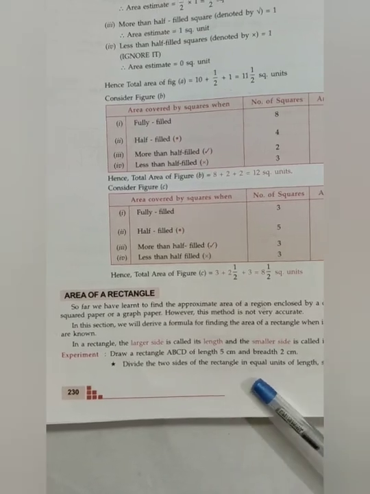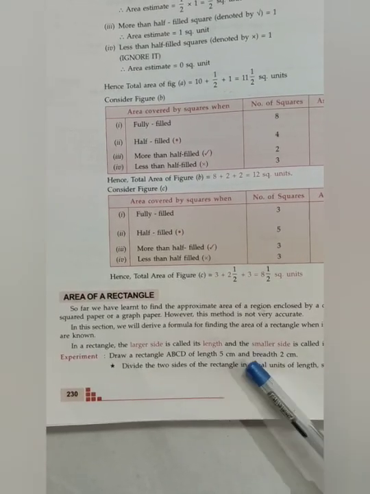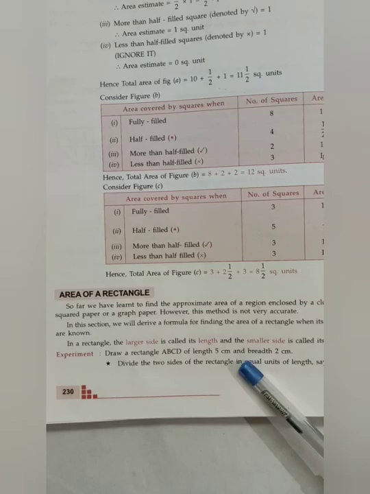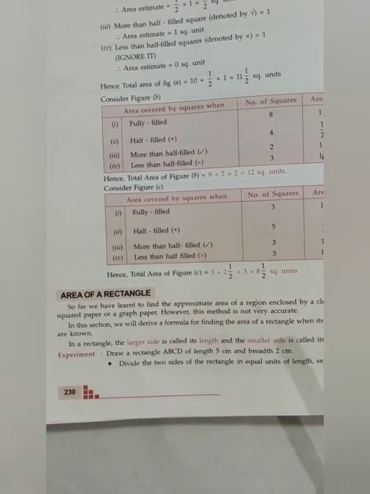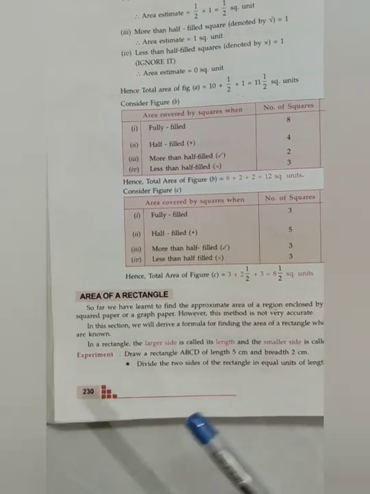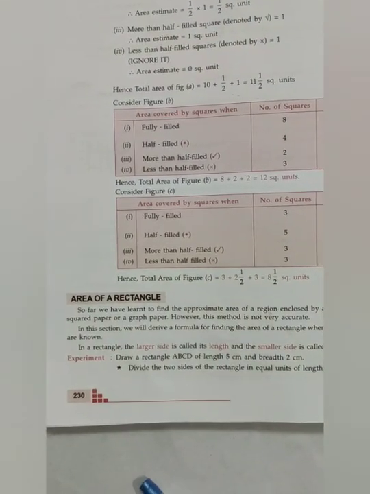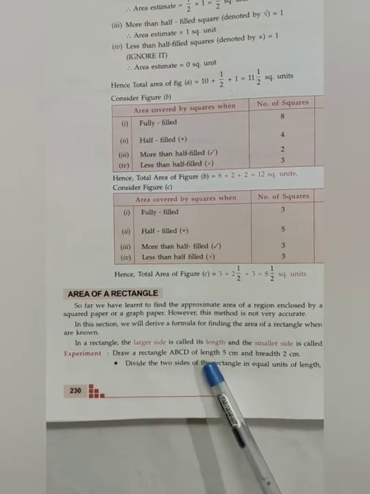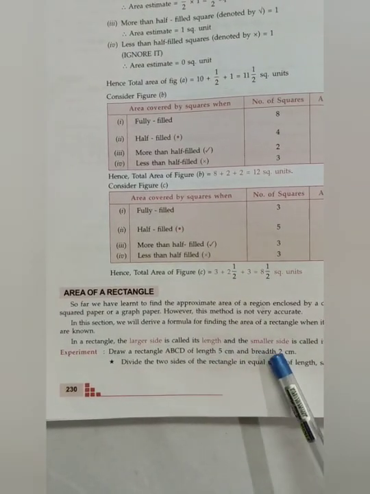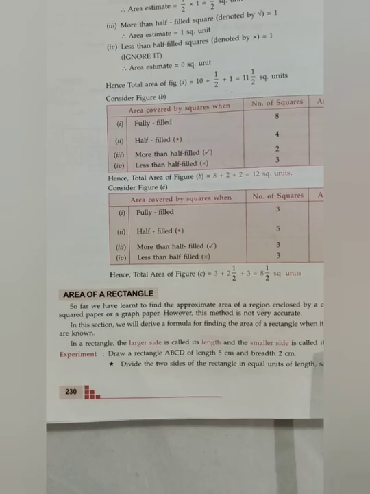In this section, we will derive a formula for finding the area of a rectangle when its length and breadth are known. In a rectangle, the larger side is called its length and the smaller side is called its breadth.